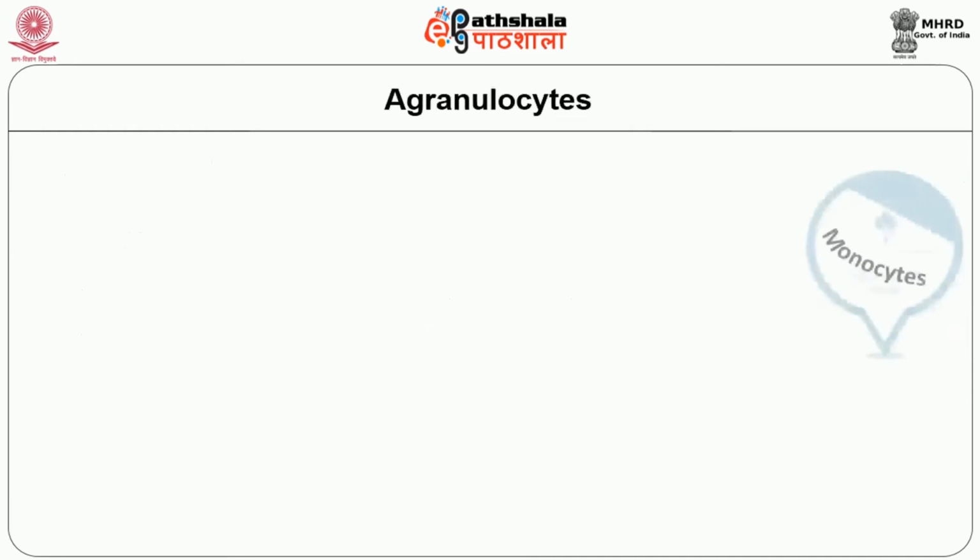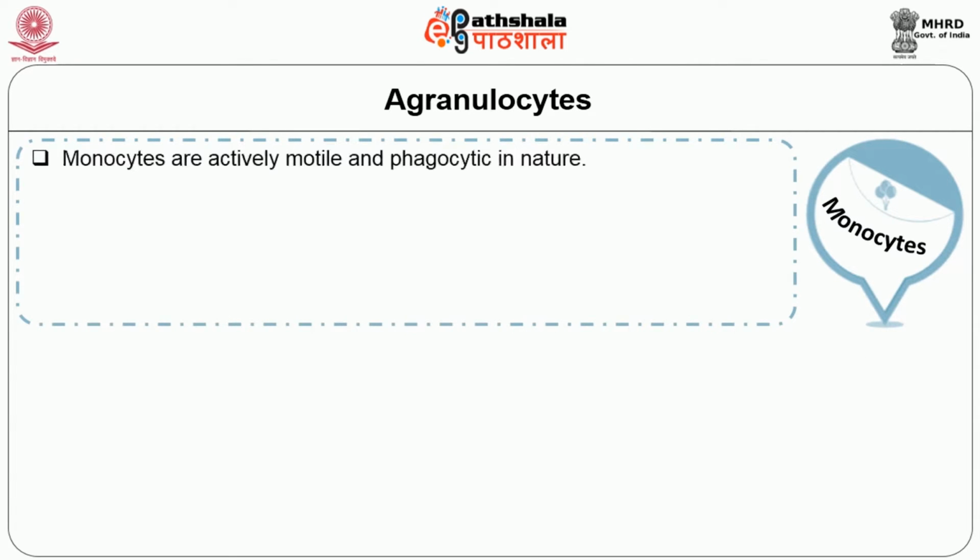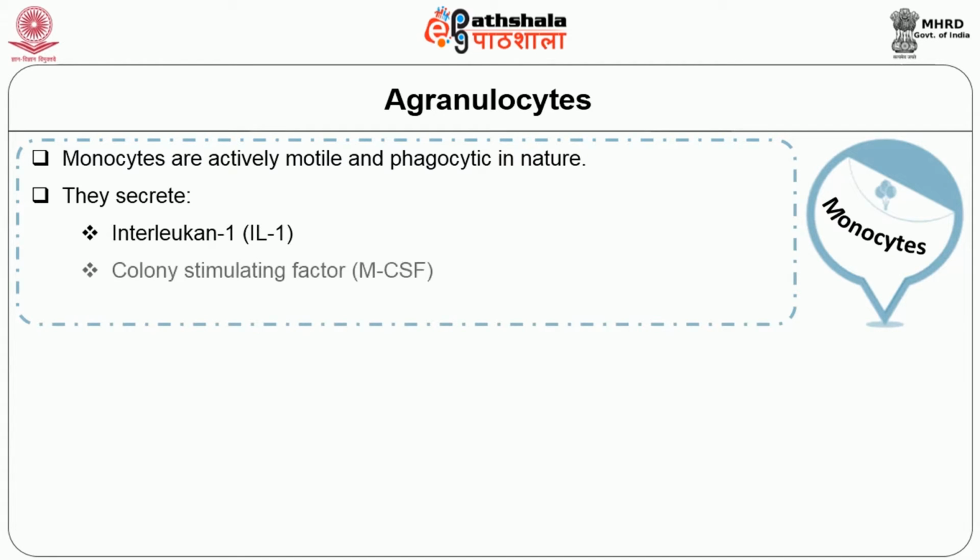Monocytes. Monocytes are actively motile and phagocytic in nature. They wander freely through all the tissues of the body. Monocytes play an important role in the defense of the body. Along with neutrophils, they provide the first line of defense. Monocytes secrete interleukin, that is IL-1, colony stimulating factor, that is M-CSF, and platelet activating factor, PAF.